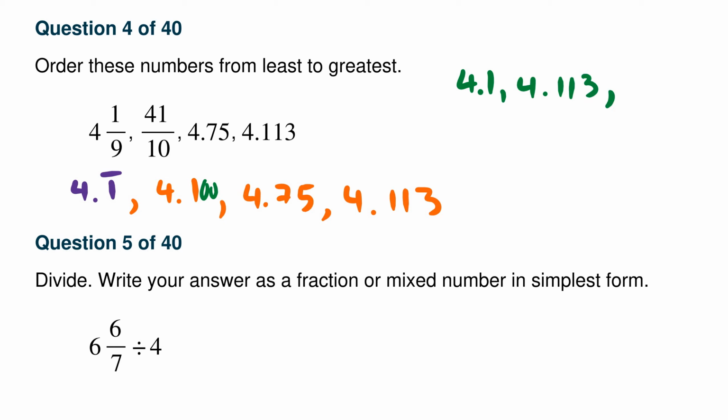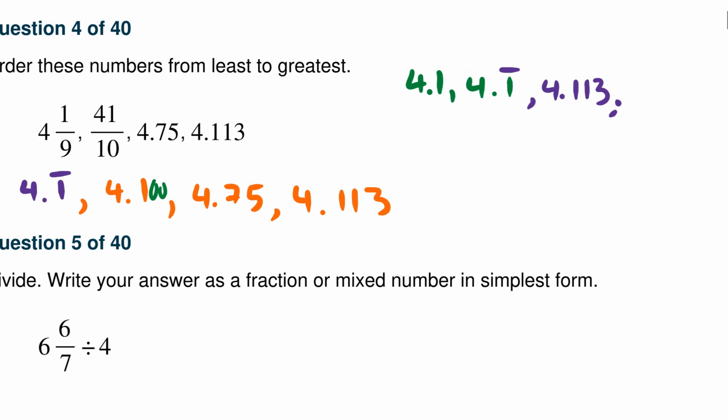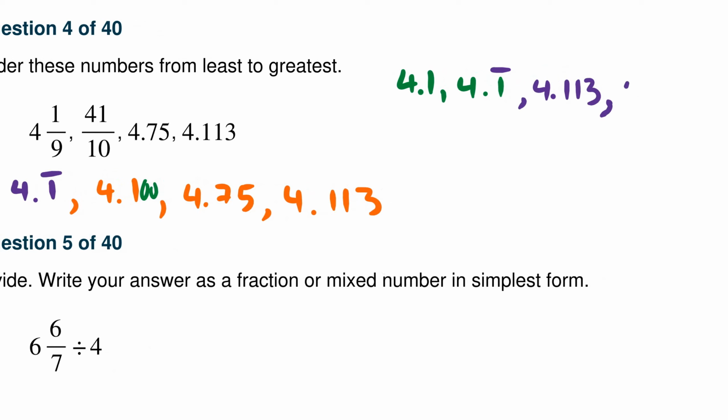Okay, the third place, nope, I'm sorry, I changed my idea. That will be 4.111111, so 4.1 with a bar on top. And the next one would be 4.113, and the last one will be 4.75.